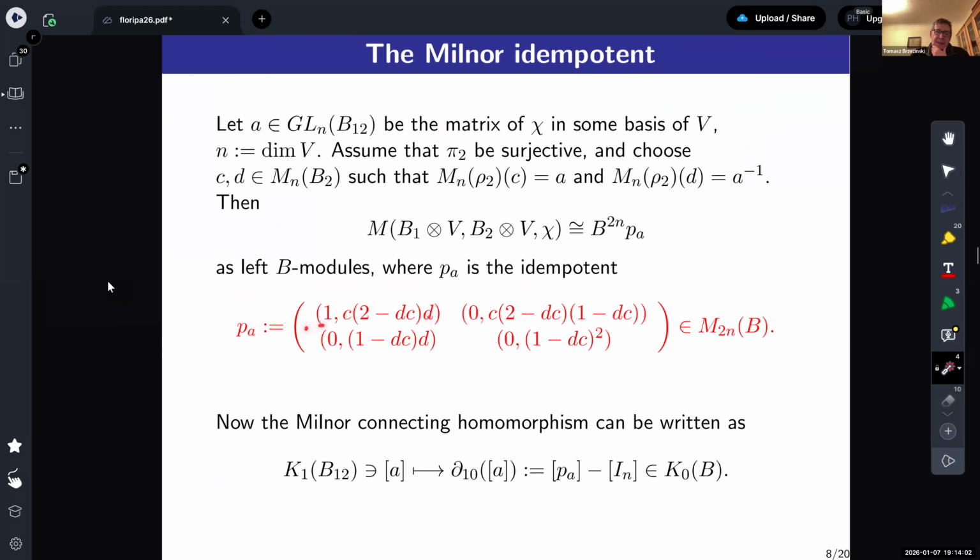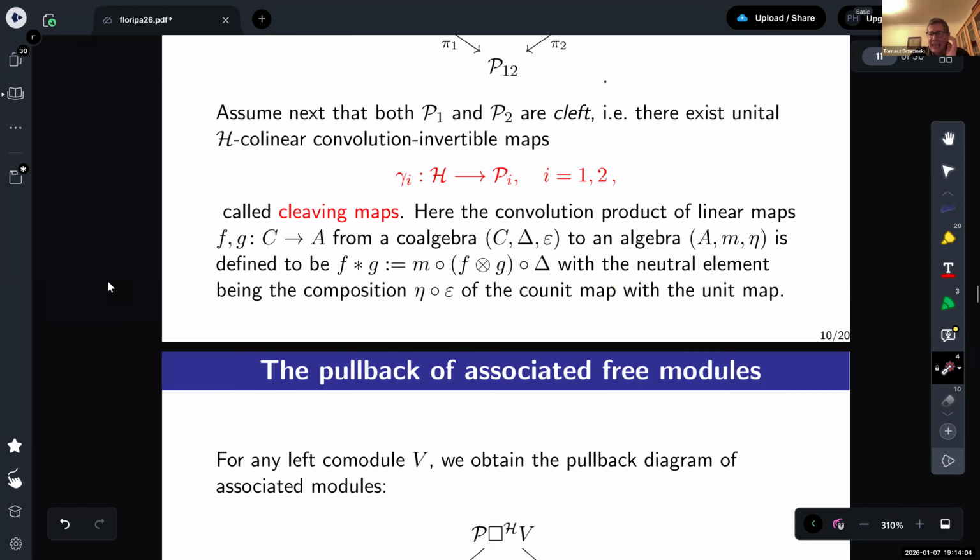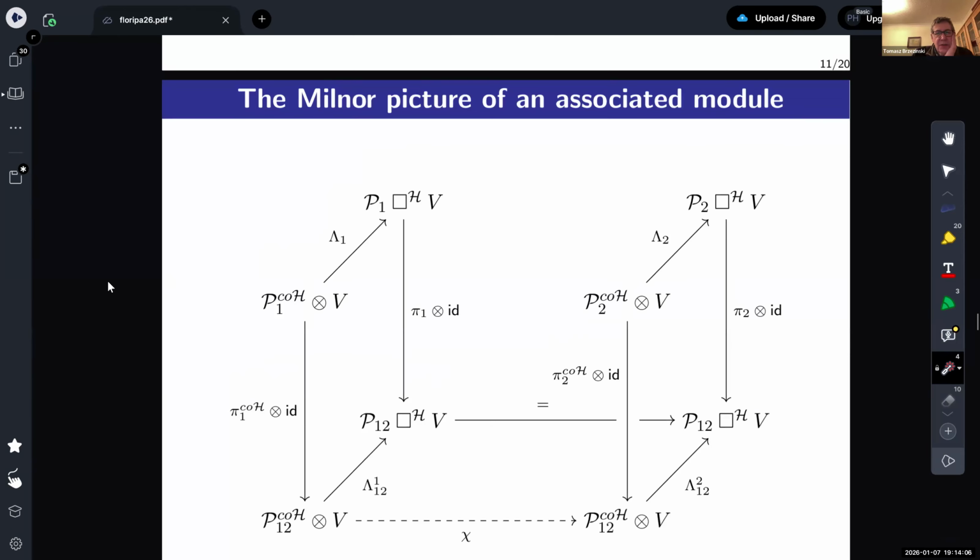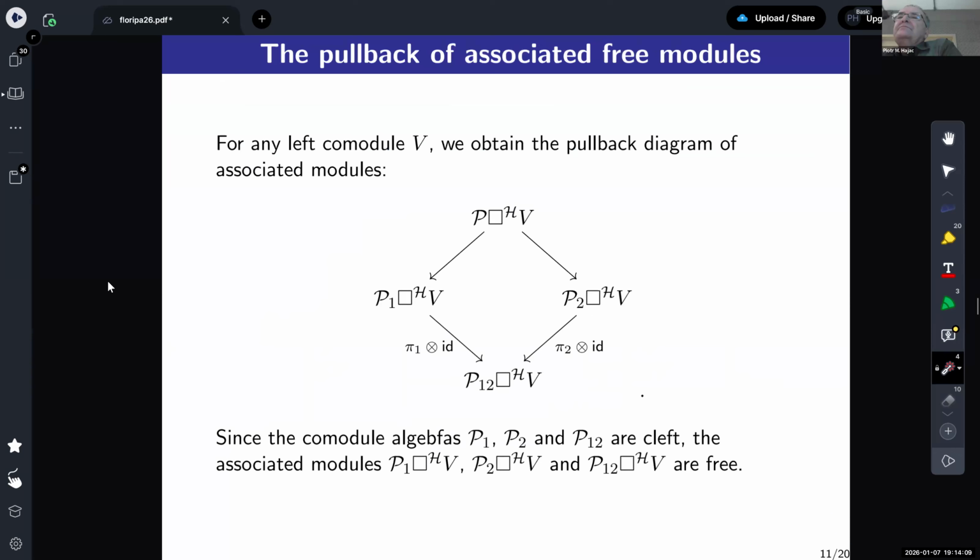That's obvious, yeah. Oh, okay, so if you go to slide 11 now, I think it was. Okay, so you start with a pullback diagram, and then you cotensor it. Do you still get a pullback diagram? Yes. But pi 2 tensor identity, as you wrote it here, is not necessarily surjective anymore, right?